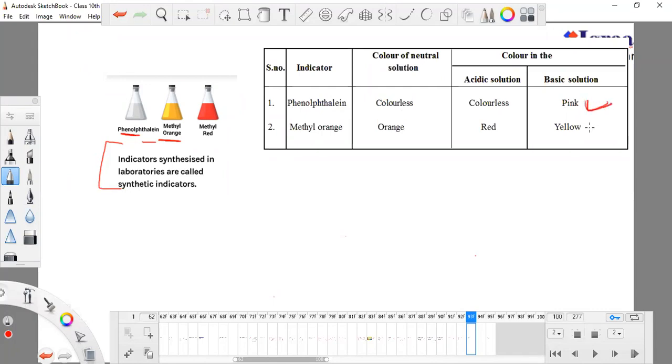Remember this right now, so that when you are asked this question in your exams, you don't need to revise it every time. When a base goes with phenolphthalein, it forms a pink color, and when it goes with methyl orange, it forms a yellow color. So this is another property of bases.